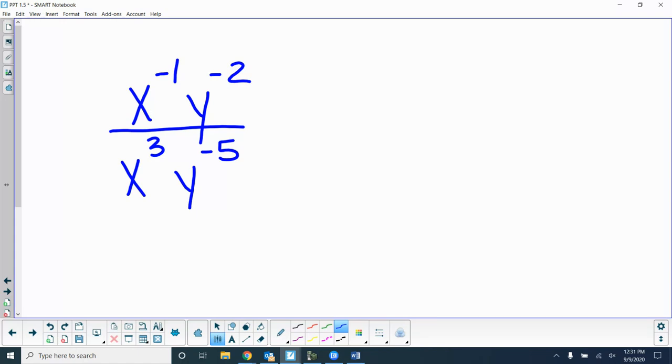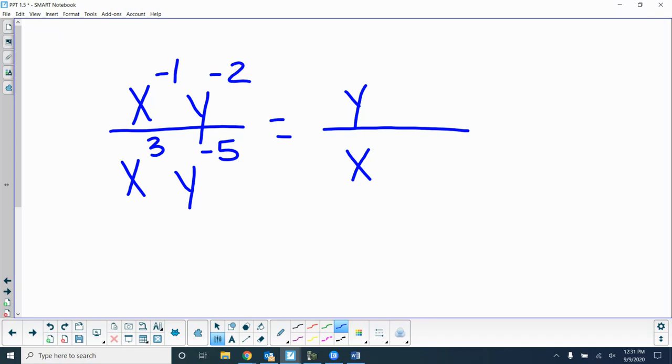Look at the x's. Where's the higher exponent for the x's? The bottom. So where's the x stay? The bottom. Haven't we said that? Yeah. Where's the higher exponent for the y? The top. So where's the y stay? The top. So in some of you guys that are switching them, which is okay.